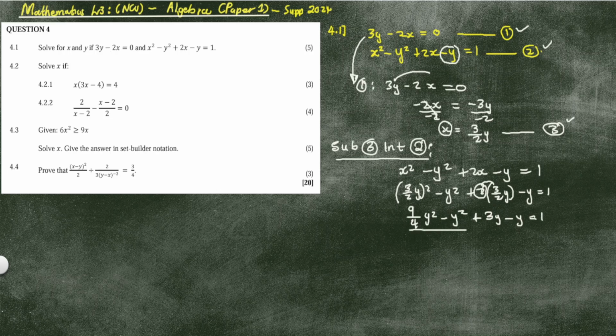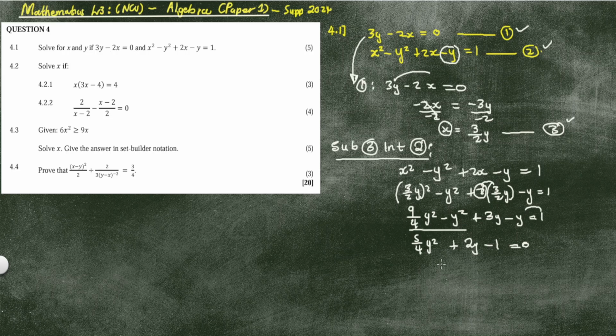Like terms for the first two terms: 9 over 4 subtract 1, I'm left with 5 over 4y squared, and then 3y minus y. So it's basically 3 minus 1, that is 2y. And then let's transpose the 1 over to the left hand side because we have a quadratic equation on our hands.